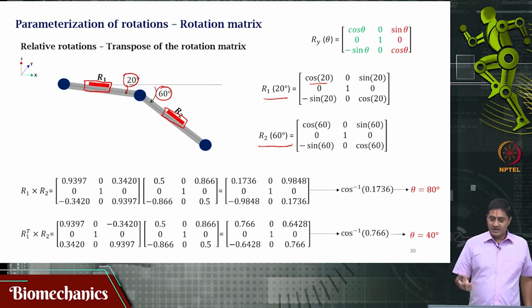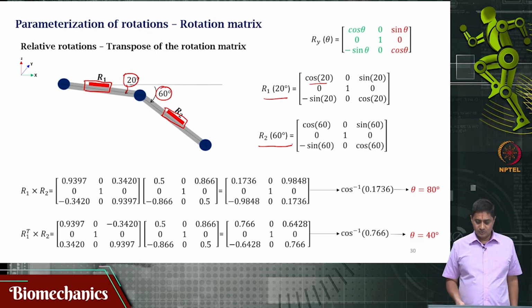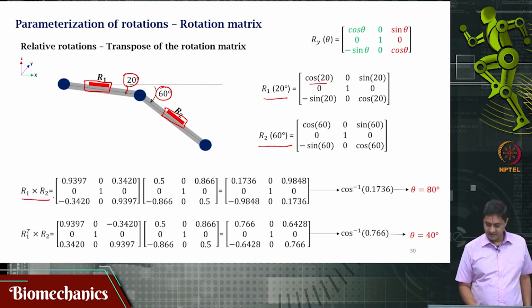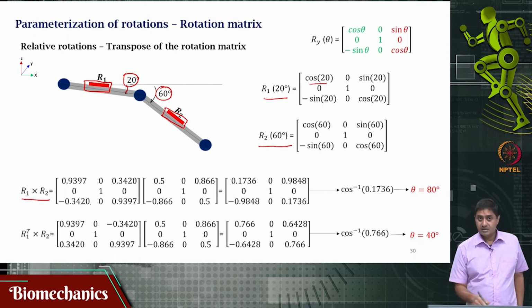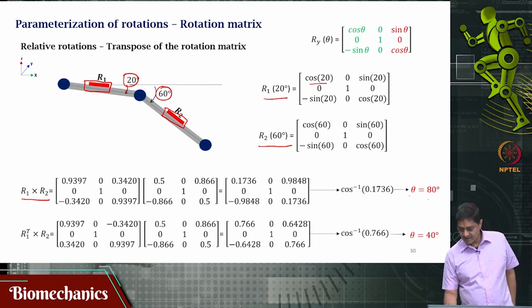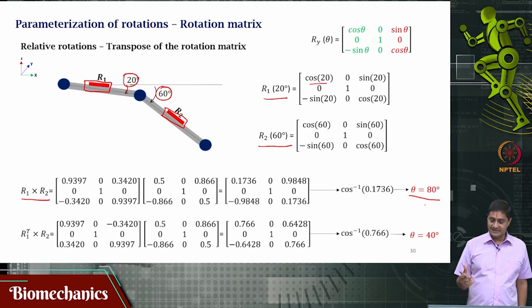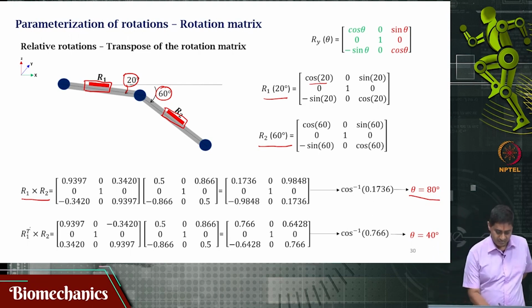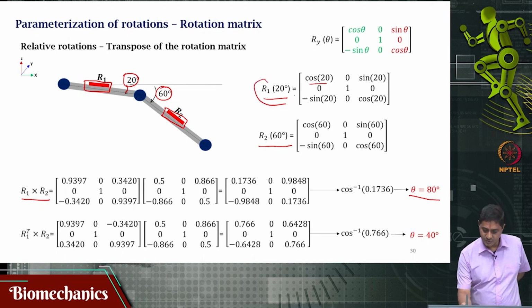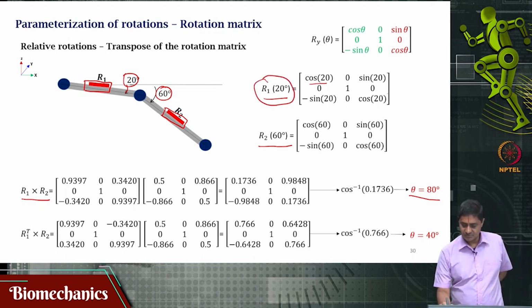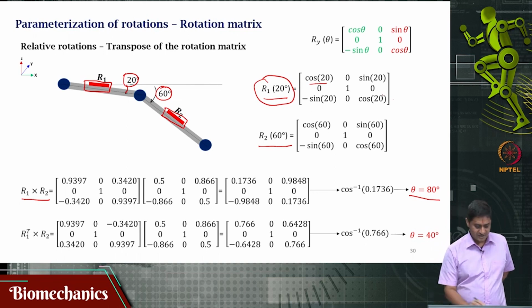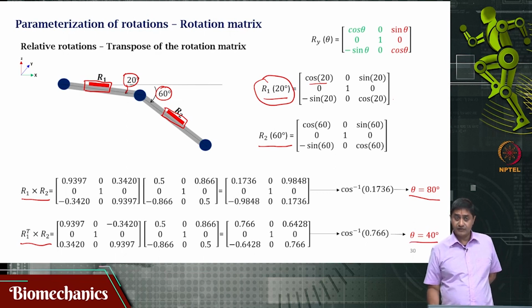If I multiply the two rotation matrices R1 and R2, you will have to do the actual computations, inputting the actual cosines and sines and doing the multiplication. You will get the net rotation theta as 80 degrees. But suppose I transpose R1 and then multiply it with R2, then I am going to get theta as 40 degrees.